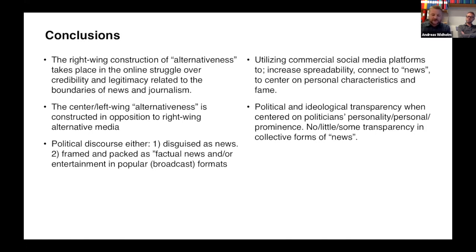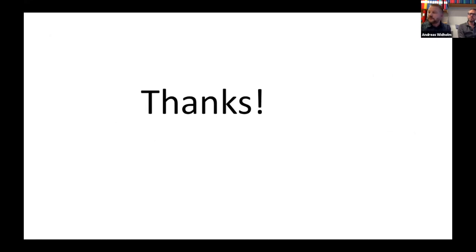The center-left-wing alternativeness is constructed in opposition to the right-wing alternative media and as a way of gaining attention online. So finally, to sum up, parasitic news has the potential to further contribute to the decline of journalistic authority, is our argument here. Thank you.